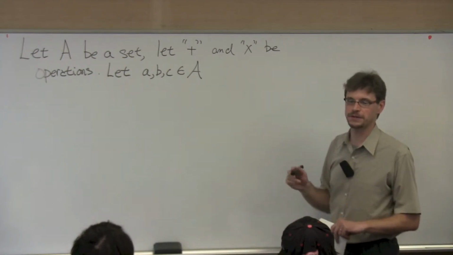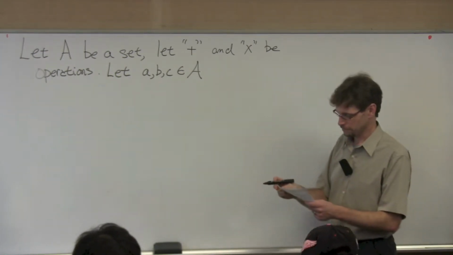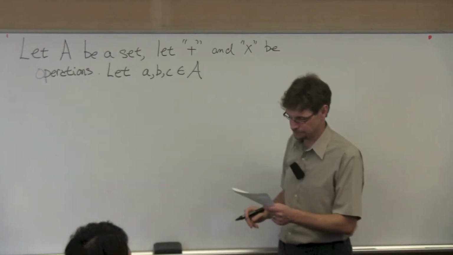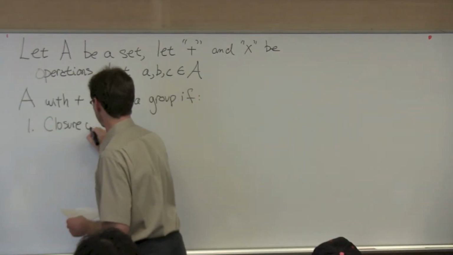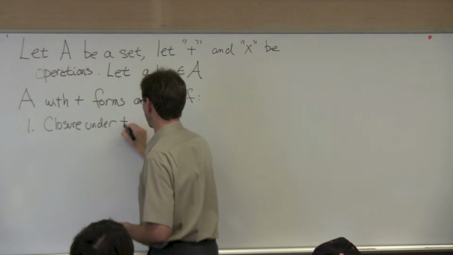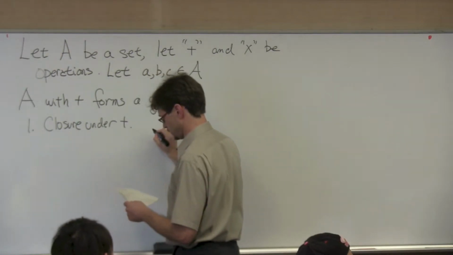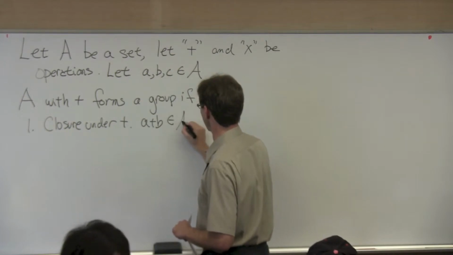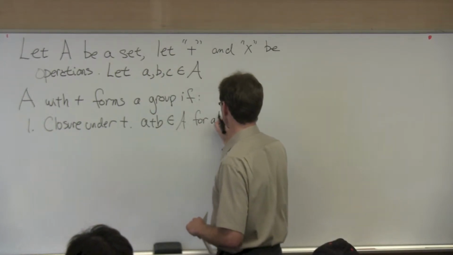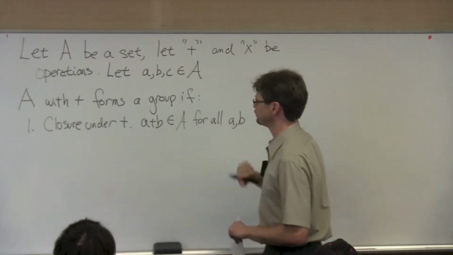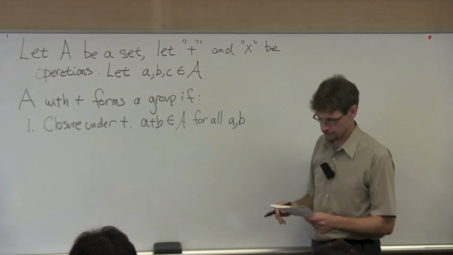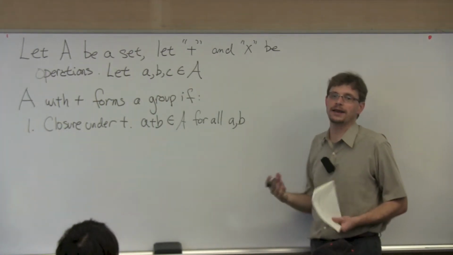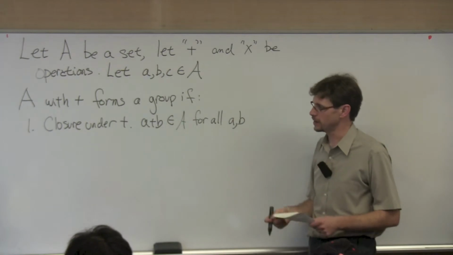And we'll define them specifically for that set. 1, closure under addition. That is, a plus b is an element of A for all a and b. So that simply means if you add any 2 elements, they're still going to be in the set.